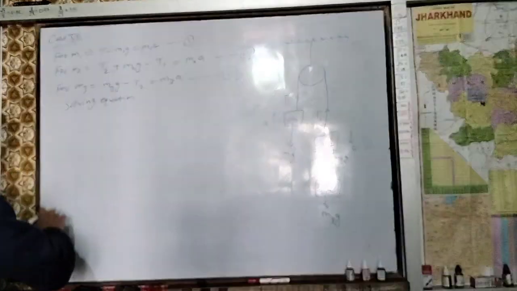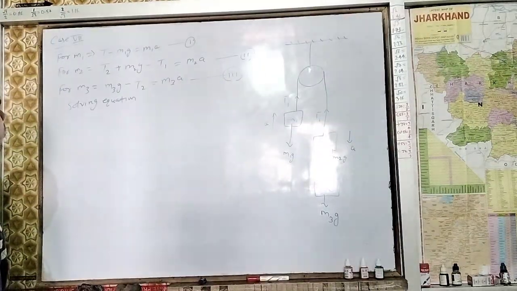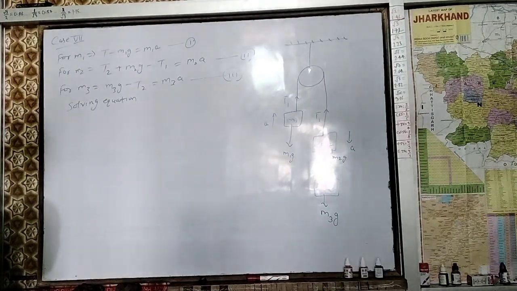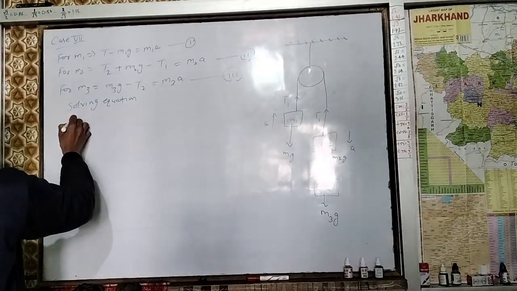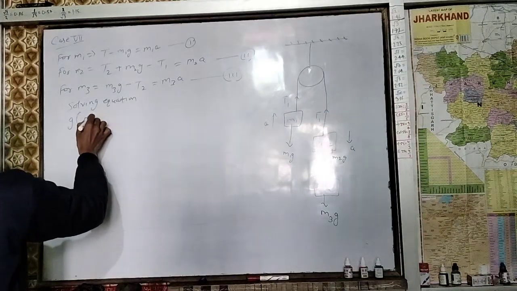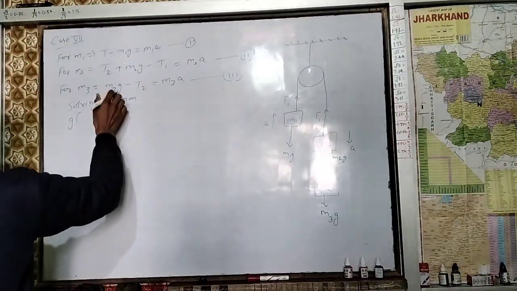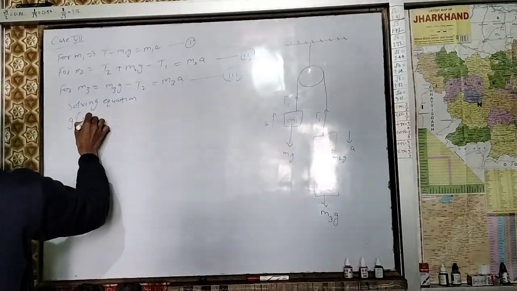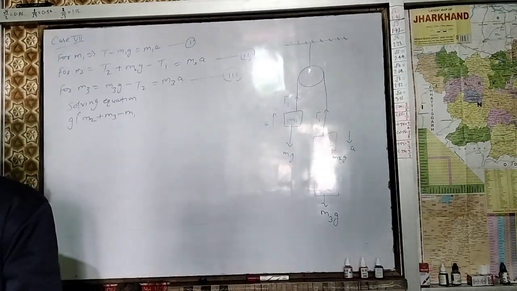Okay, let's see, T2 and T1 will cancel each other, isn't it? Z is a constant. Over here M1 is a minus, so over here Z is a constant, M2 is a positive, M3 is a positive, M1 is a negative. Clear?